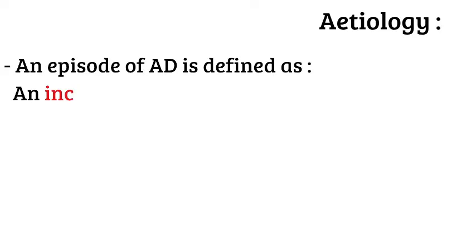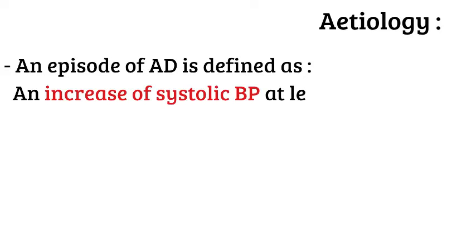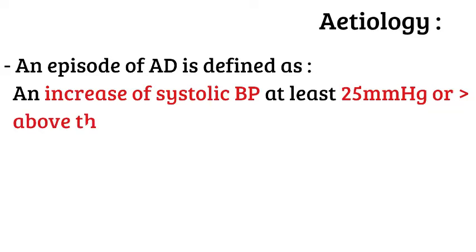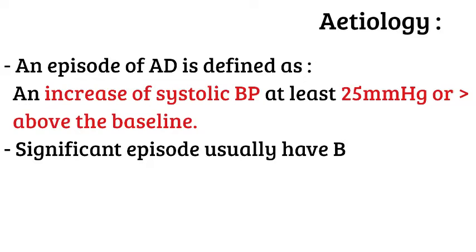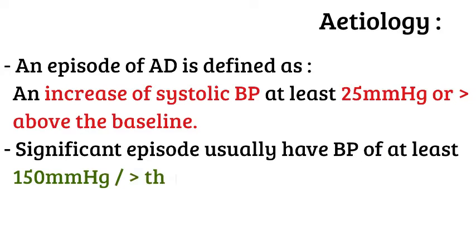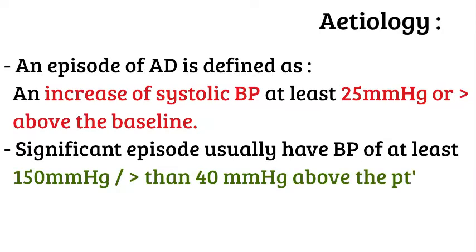What is the etiology of autonomic dysreflexia? An episode of autonomic dysreflexia is defined as an increase of systolic blood pressure of at least 25 mmHg above the baseline.